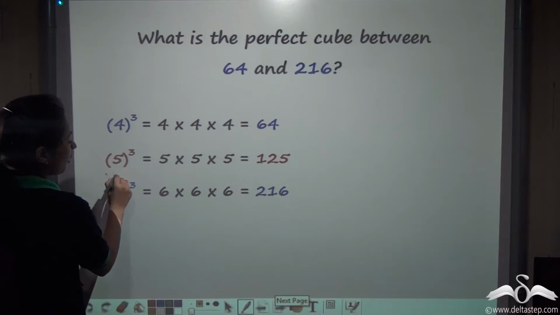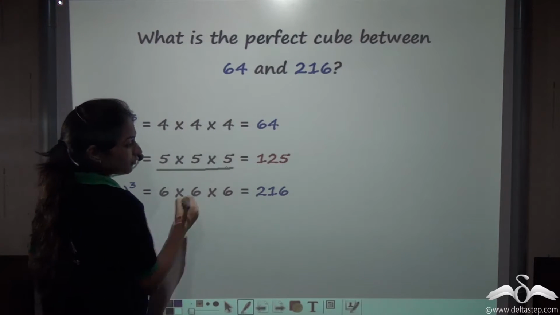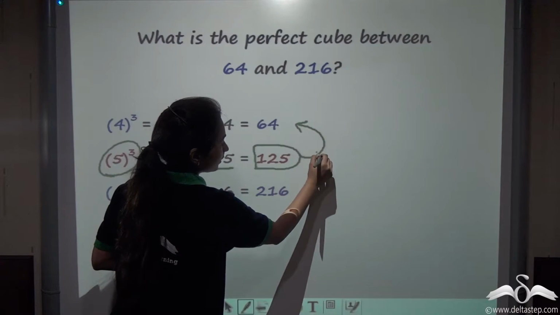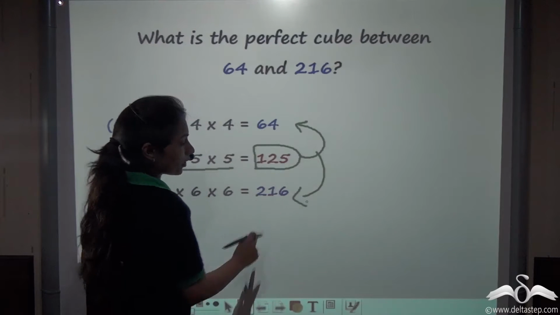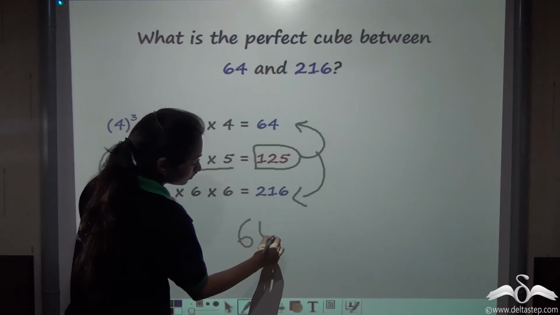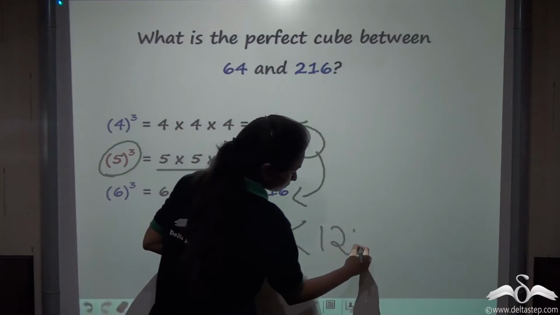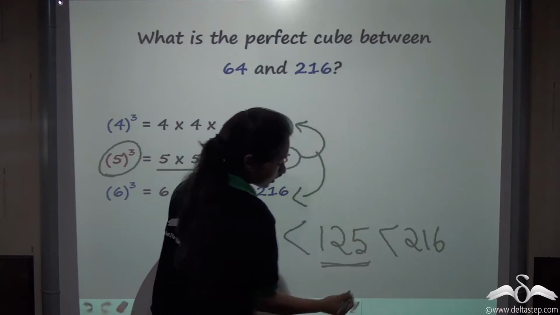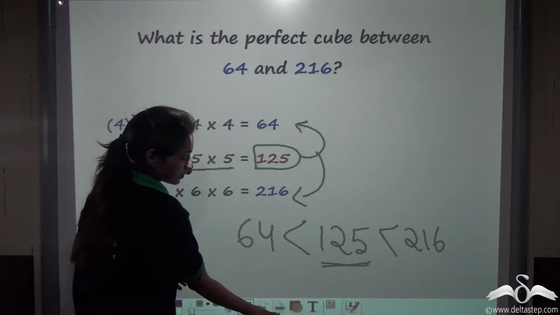So we'll do 5 cube, that is 5 into 5 into 5, that gives us 125. So this is the cube that lies between 64 and 216. So this is the perfect cube between two numbers.